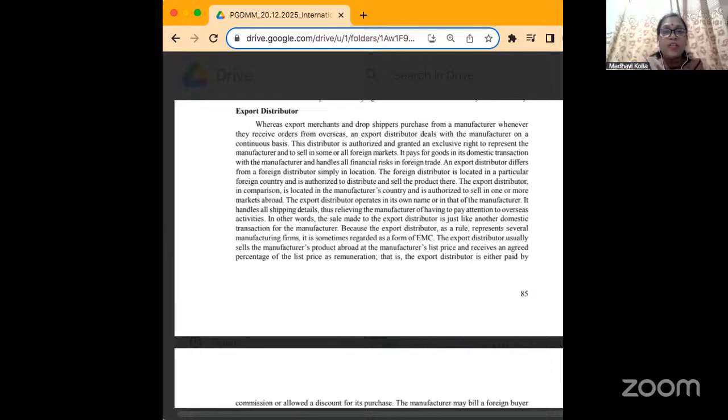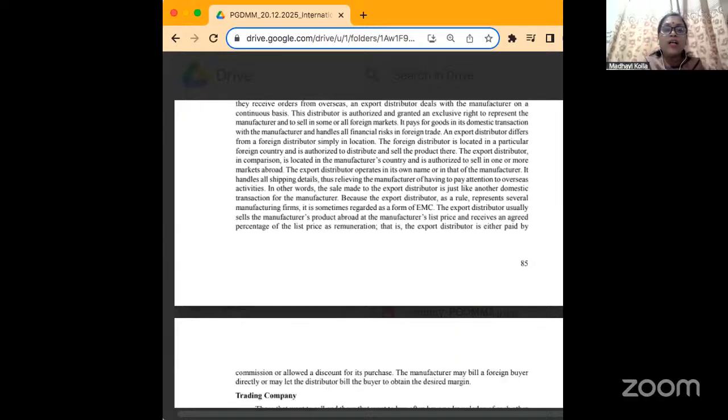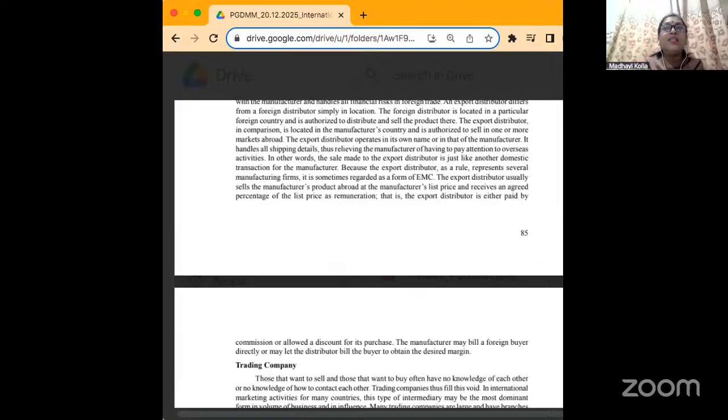Whereas the export distributor is operating from the country of origin or from the same place as that of the manufacturer. And from here, they handle all the shipping requirements, all the documentation, the financials, and like we said, they also take title to the goods, which in turn means a lot of risks that they are willing to absorb because they see certain profit in doing this kind of business.